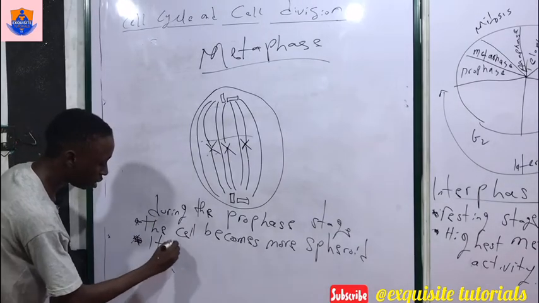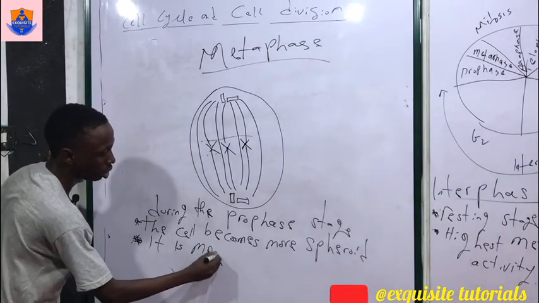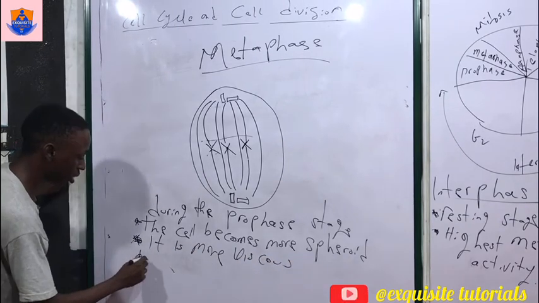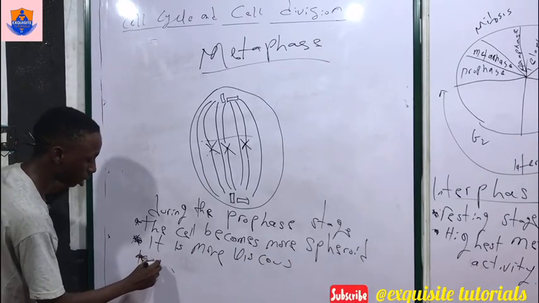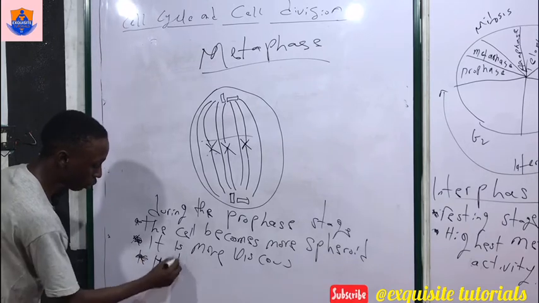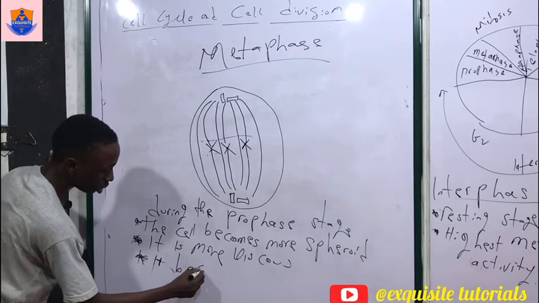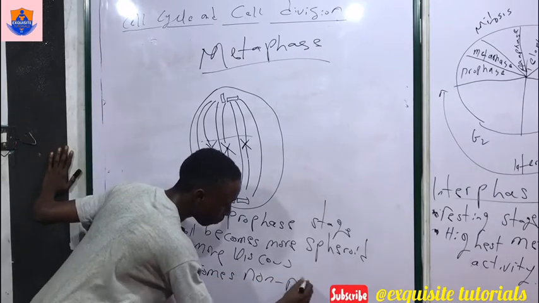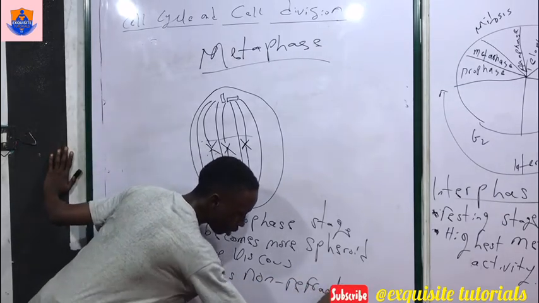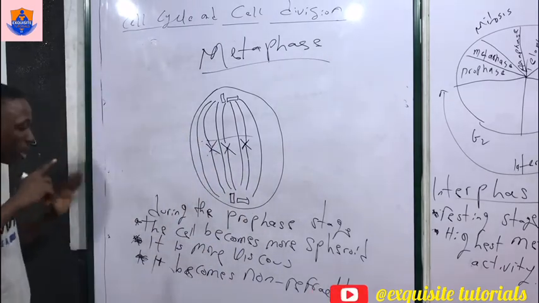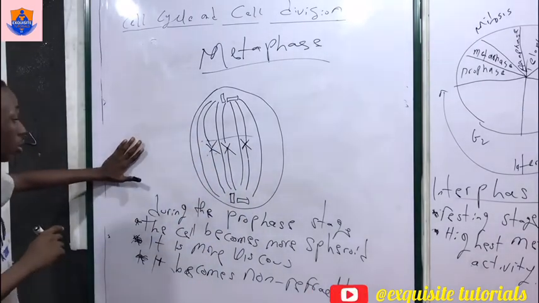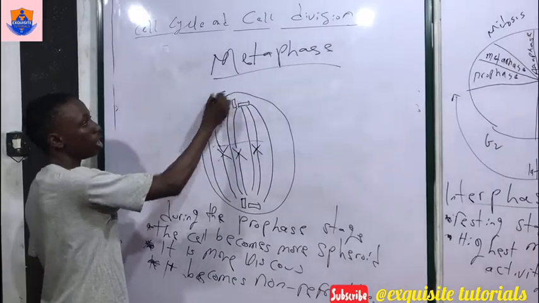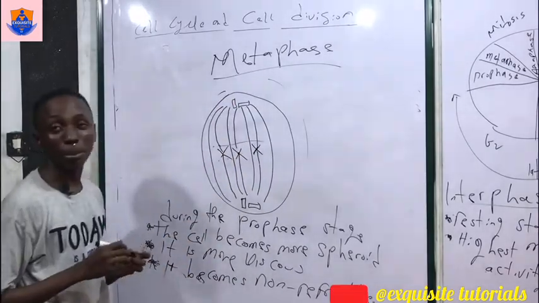It is more viscous and non-refractory. So these are basically other properties of the prophase stage. The cell actually became more spheroid during the prophase stage.